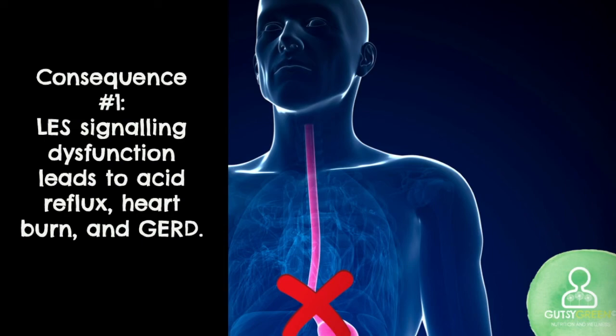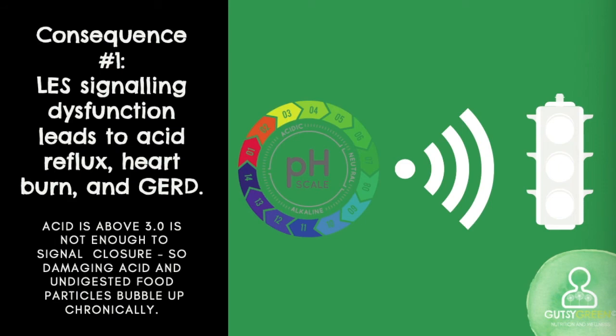Let's look at this closer. One of the reasons the pH of the stomach is so important is because the low pH serves as a signaling mechanism for other bodily functions to begin or end, kind of like a traffic light. You can imagine that if a traffic light isn't working correctly, quite a bit of damage might happen.